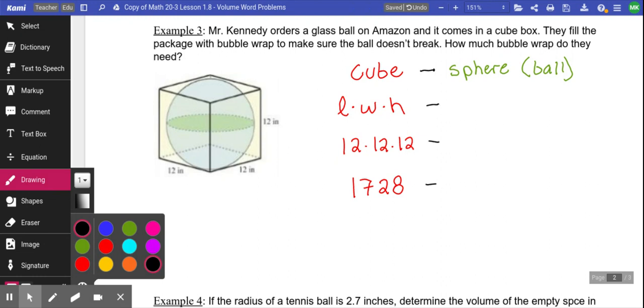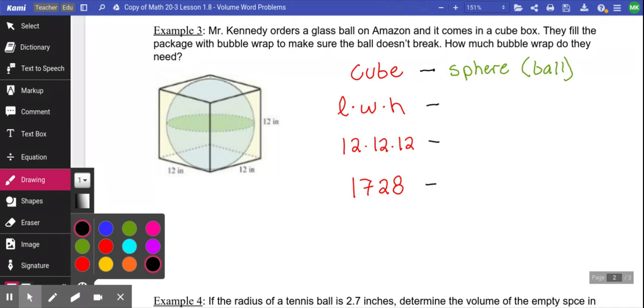The sphere. Sphere's harder. For volume it's 4 pi r cubed, divided by 3. So on your formula sheet, you want to go find your sphere. It's the very last one on your formula sheet.